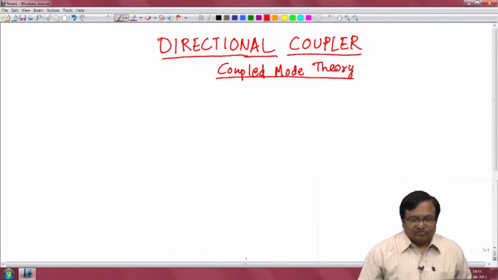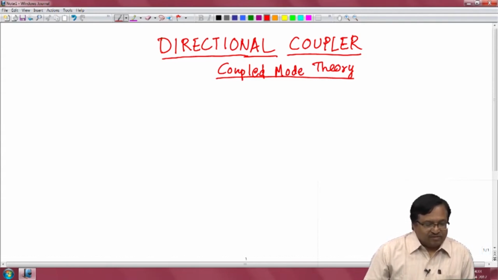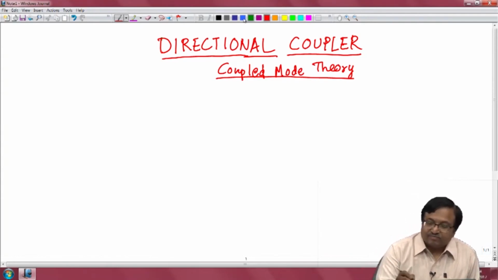A directional coupler is a very useful device in integrated optics. So, the structure is like this.